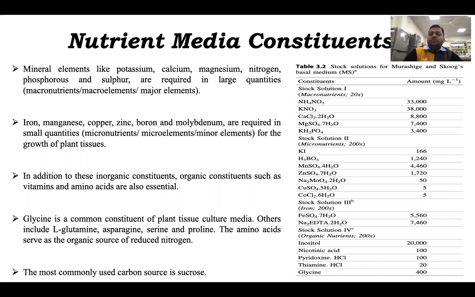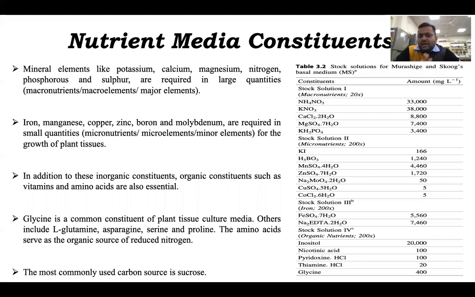Even today, we use vitamin solutions as one of the constituents when we prepare media in the lab. In addition to all the inorganic constituents listed above, organic constituents such as vitamins and amino acids, which in some cases we also use, are essential components of the nutrient media we use for tissue culture purposes.